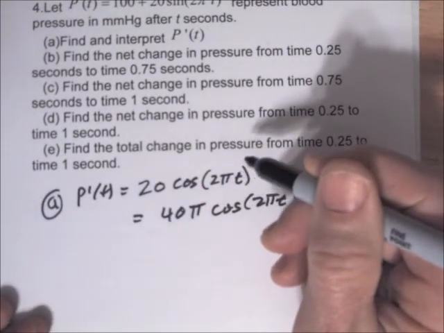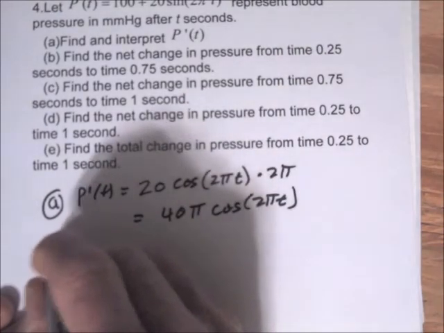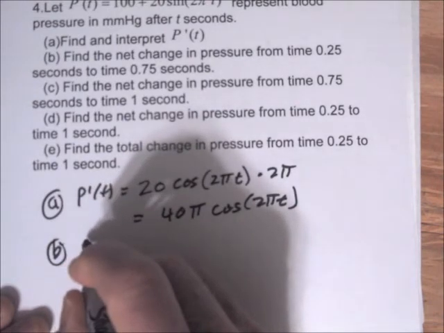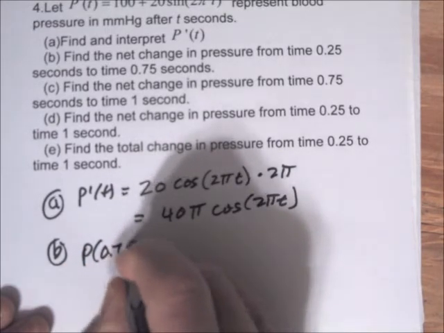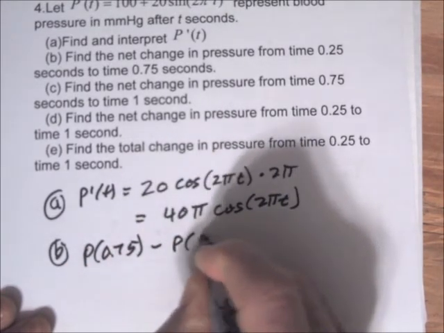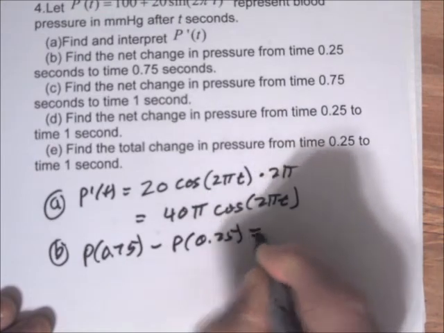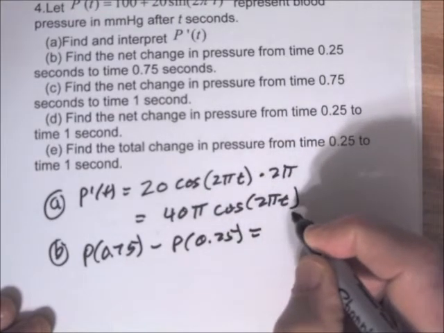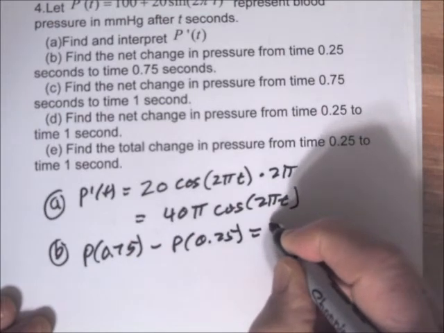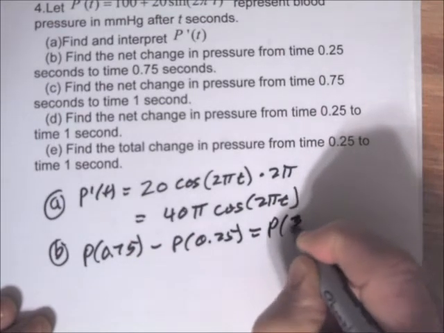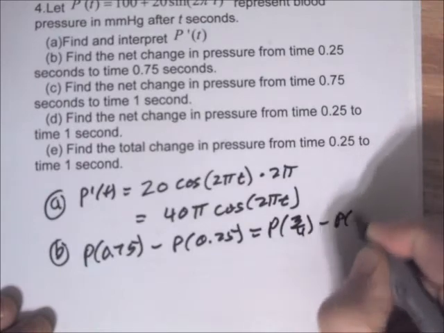It's going to be p of 0.75 minus p of 0.25. I think I prefer fractions here. It's p of 3/4 minus p of 1/4.